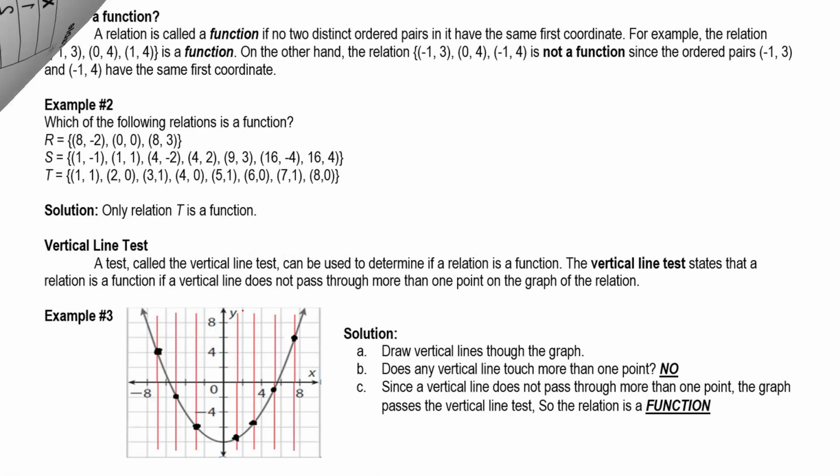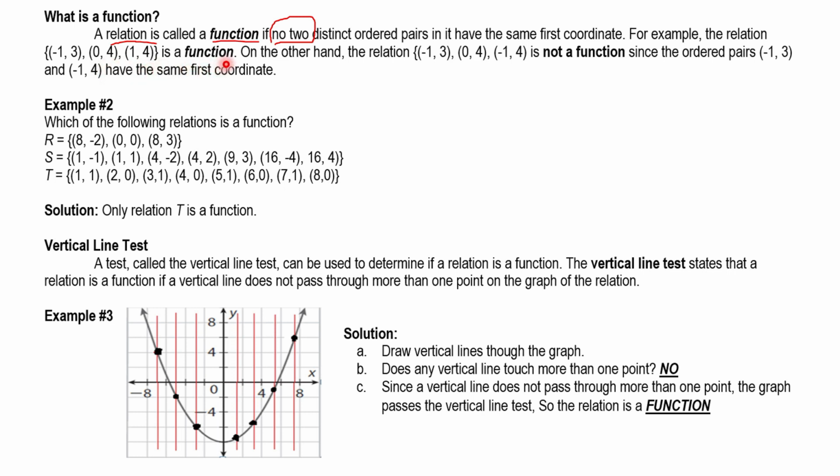Let's continue. What is a function? A relation is called a function if no two distinct ordered pairs in it have the same first coordinate. For example, the relation set containing (-1, 3), (0, 4), (1, 4) is a function.